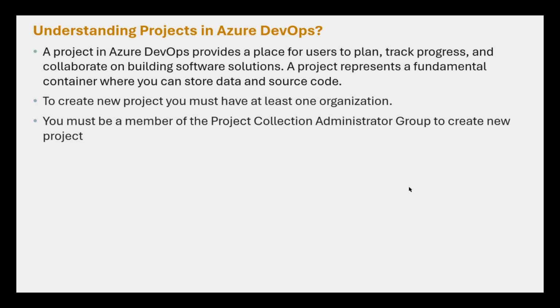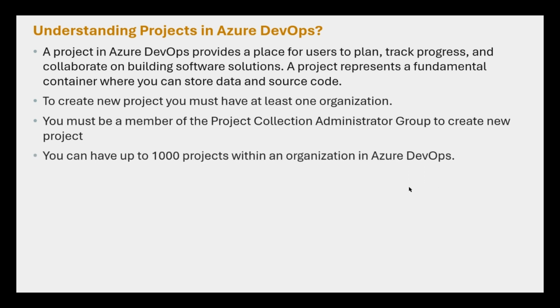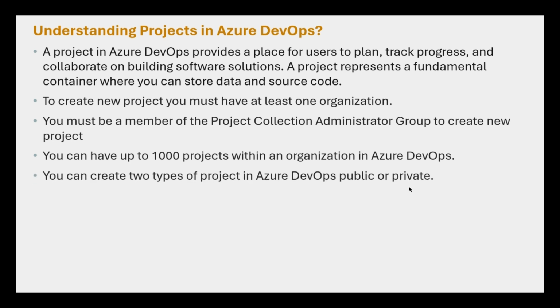You must be a member of the Project Collection Administrators group to create a new project. Then you can have up to 1000 projects within an organization. You can create two types of project in Azure DevOps, public or private.